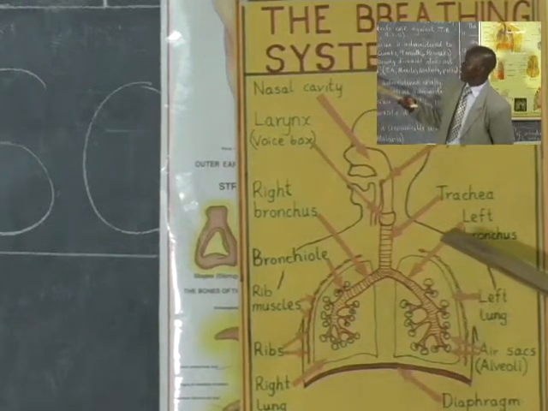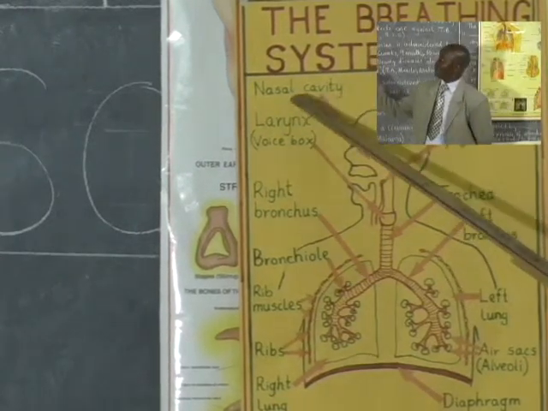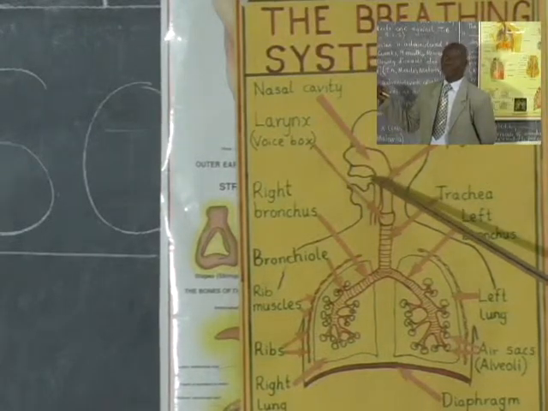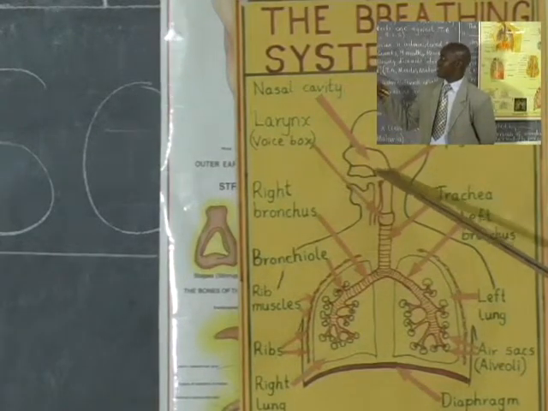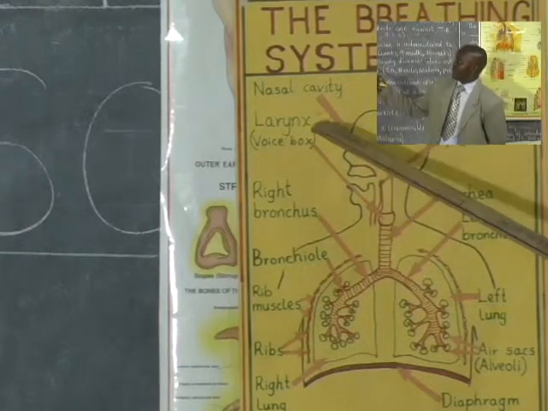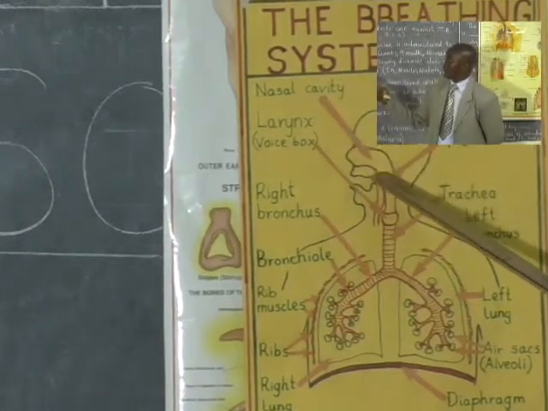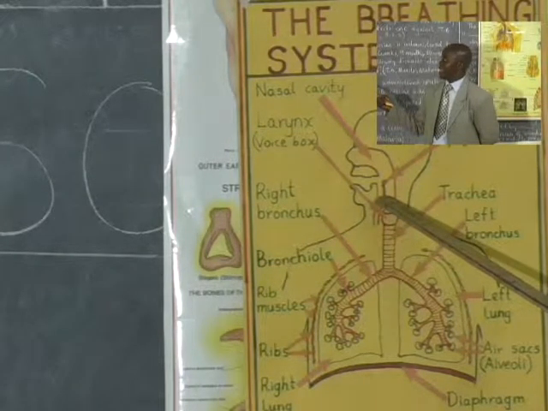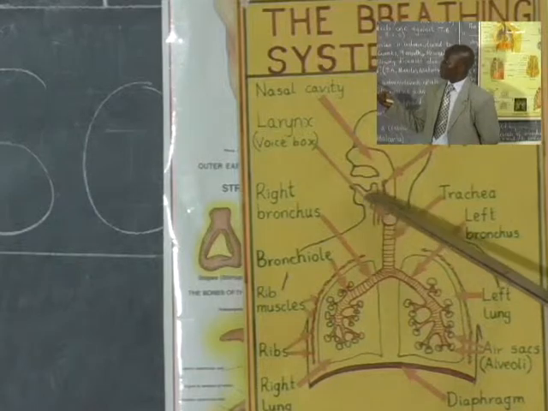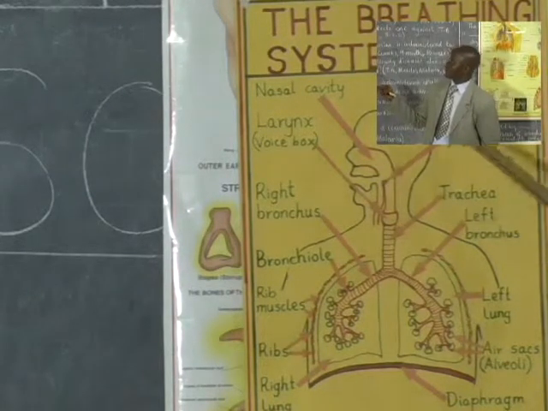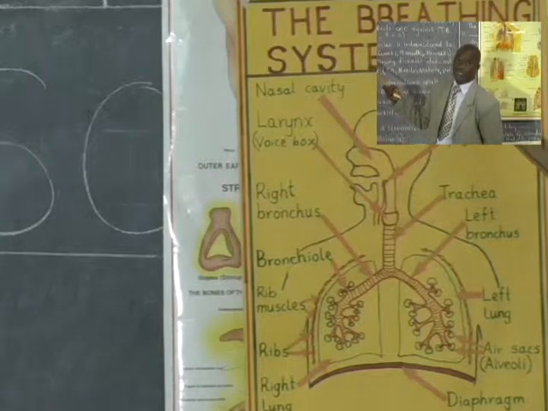Now, what is the function of the different segments of the breathing system? One, the function of the nasal cavity is to bring air into the body of a human being. The air that is taken into the body is 100% air. That is, a section of it, oxygen, like we learned previously, is 21%.